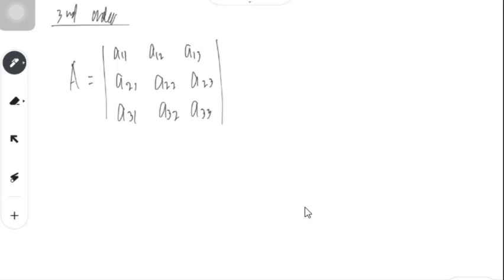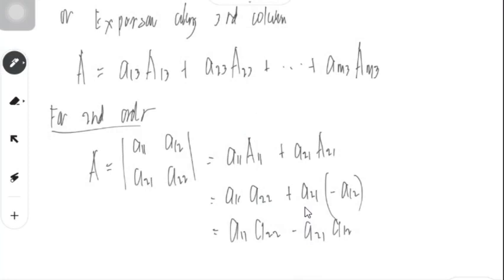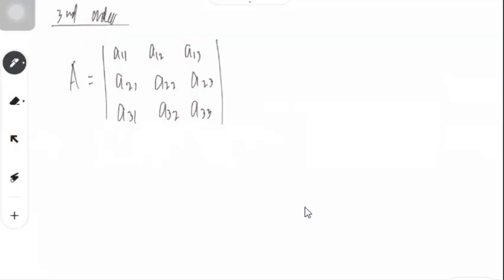Julia, saan mo gustong mag-expand? Vertical, row, or column? Column po, sir. What column? Second column po. Sige, second column ka.